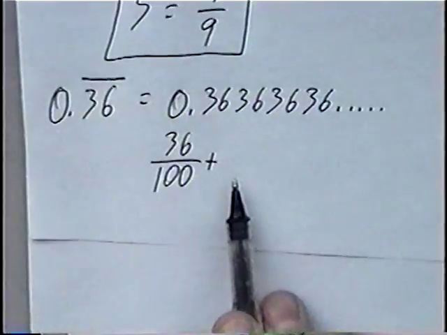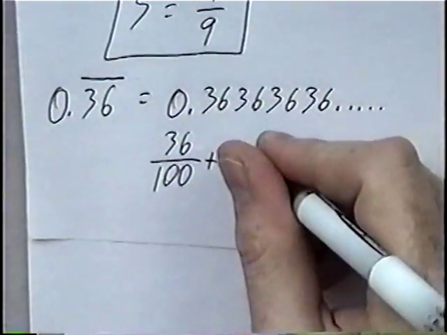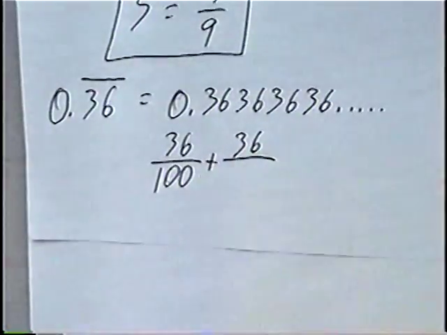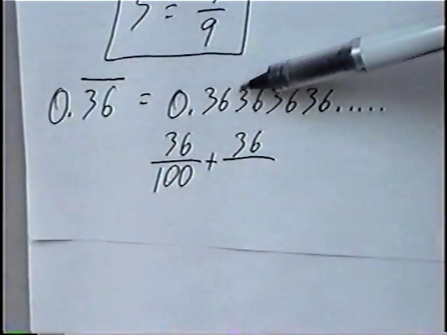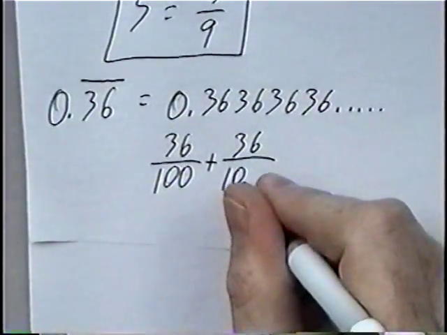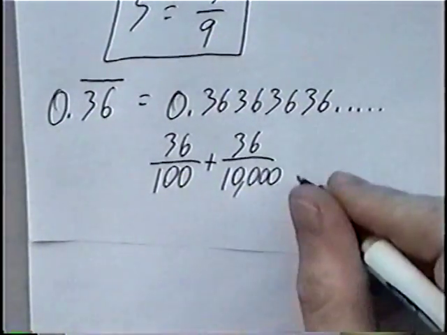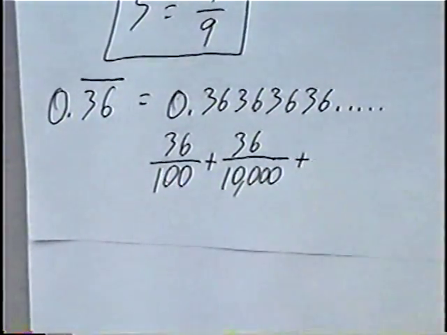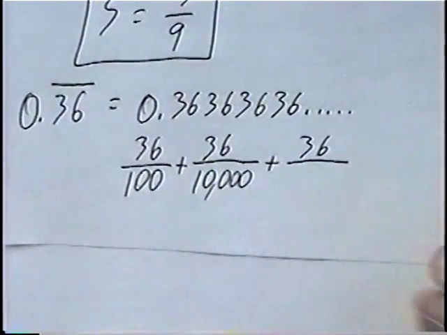And again, we can add to that each 36 as a separate fraction. The second 36, if you count the placeholders, tenths, hundredths, thousandths, and 10,000ths, the second 36 would be over 10,000. And one more will continue on, 36.